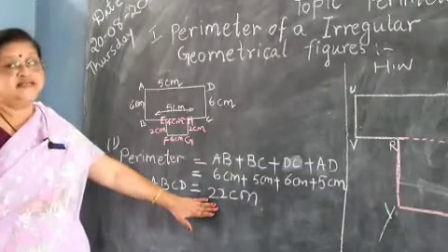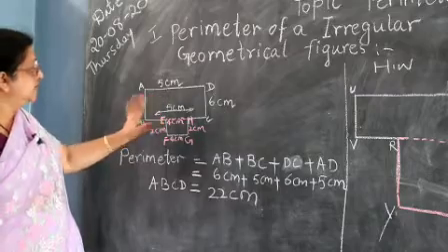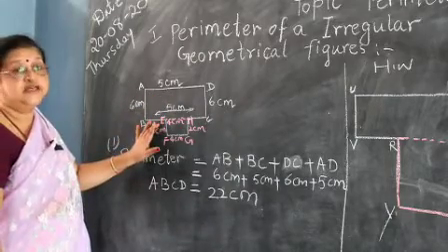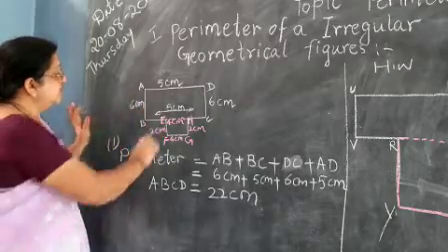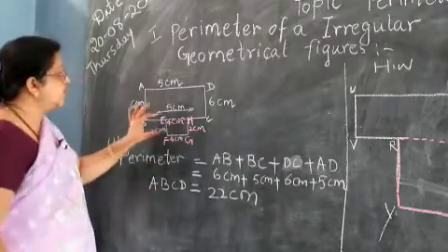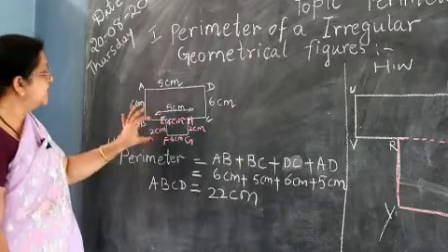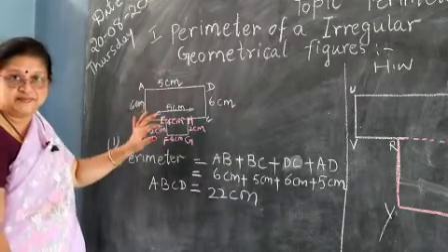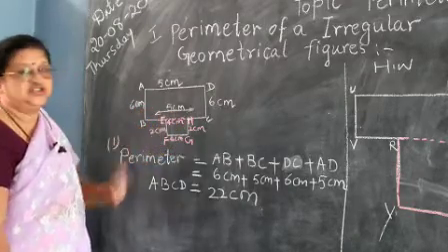Now how will you get the total perimeter of an irregular figure? You can see here I have put another color chalk. When you extend and join here, this also becomes a small rectangle. So we will name the rectangle EFGH.